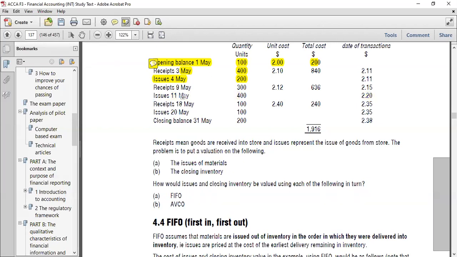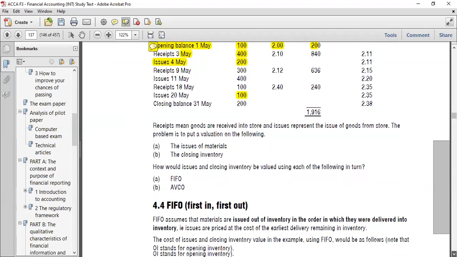It means that the next issue we are going to make on this date will definitely be valued at part of the inventory that is remaining at this level. Remember we've already issued 400, part of the 400 issued 100, so there's still 100 here. So that inventory will be valued at 2.12.